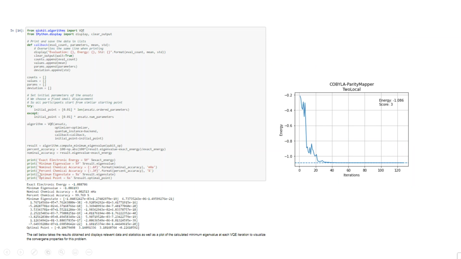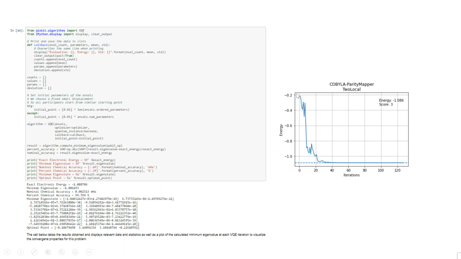And so the final step is represented here, where we call all of the functions required to do the VQE optimization. And you can see I used the qubit parity mapper, the qubit optimizer, and the two local ansatz.